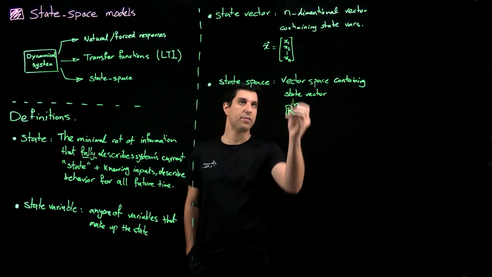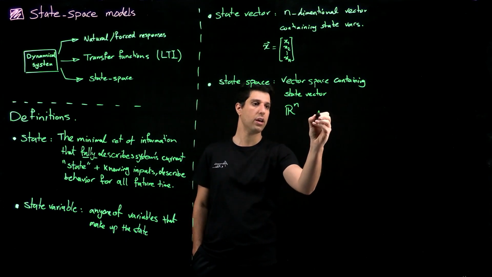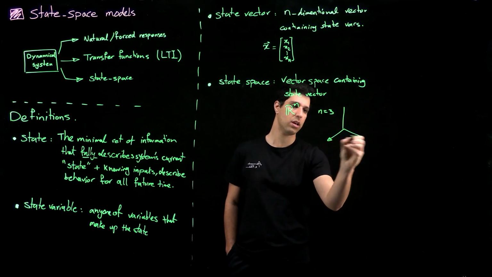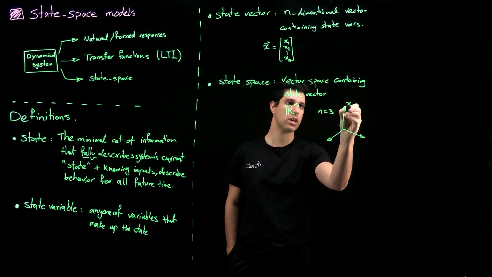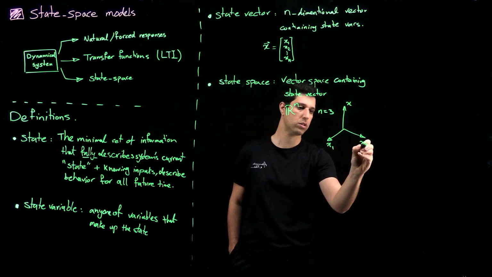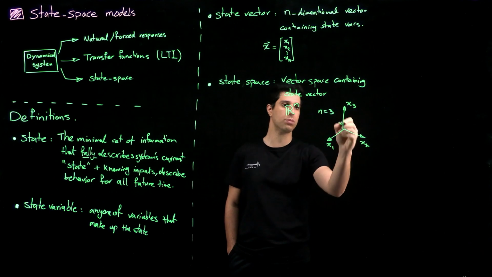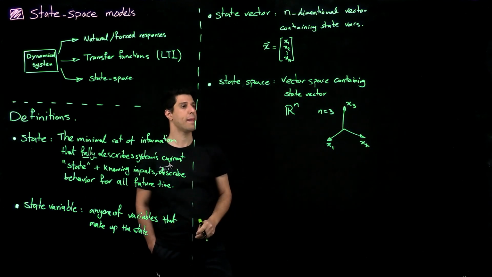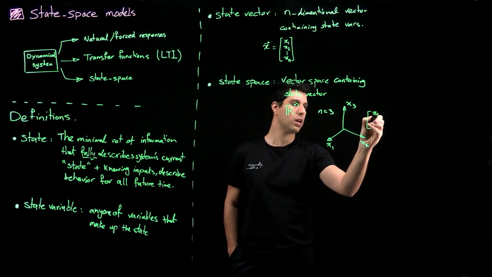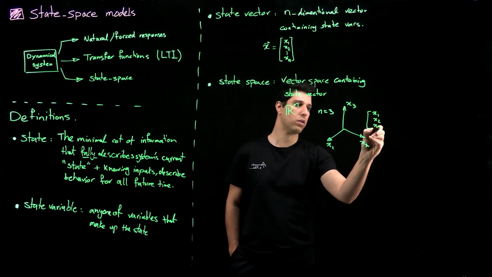For instance, if I have n equals 3, my state space contains vectors x1, x2, x3, and my state vector in this case is x1, x2, x3.